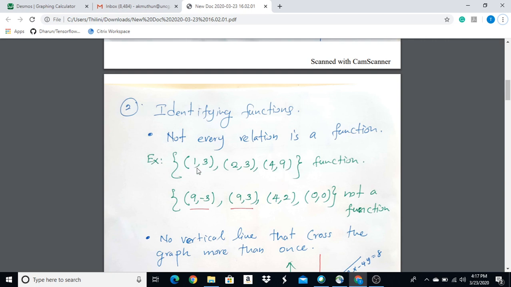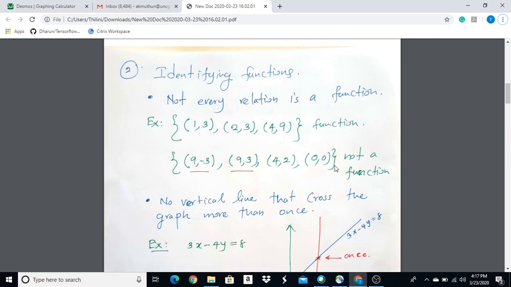So this is a function, but the second relation is not a function. Why? If you look at this carefully, you can see in these first two pairs the first coordinate is 9 and in the second pair it's also 9, but we have two different second coordinates for the same first coordinate. 9, 9, but two different y coordinates or second values.